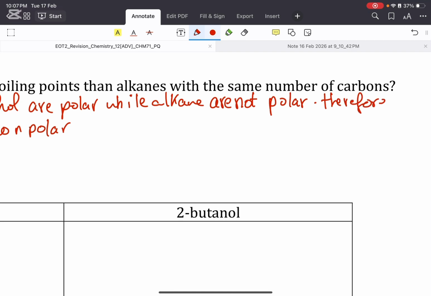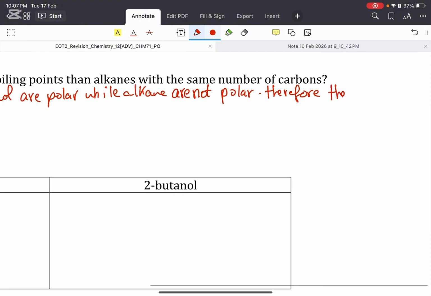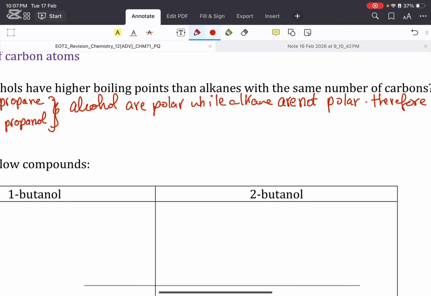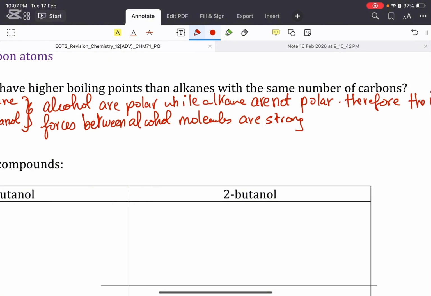Therefore, the intermolecular forces between alcohol molecules are strong because alcohols can form hydrogen bonds, which are strong.